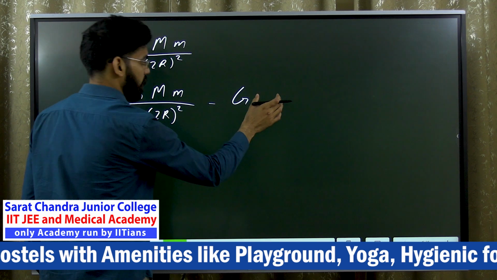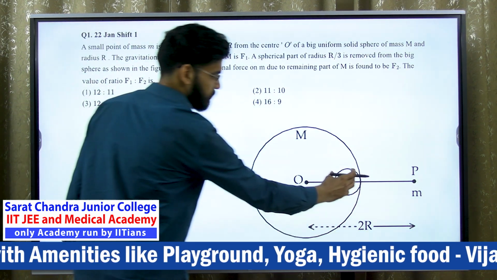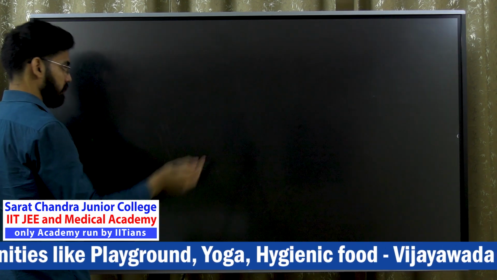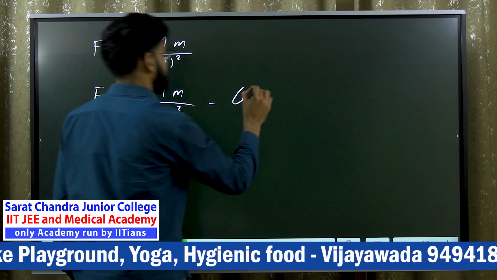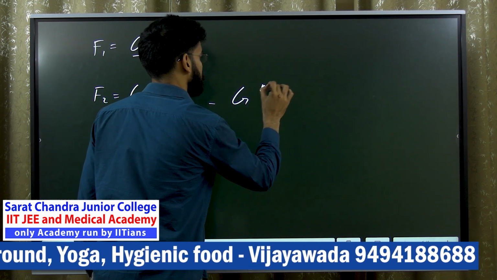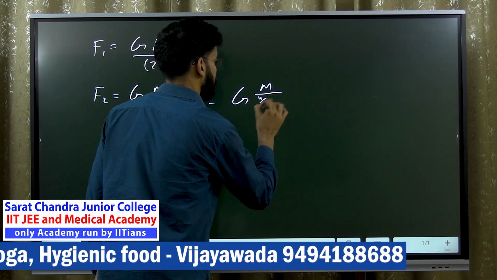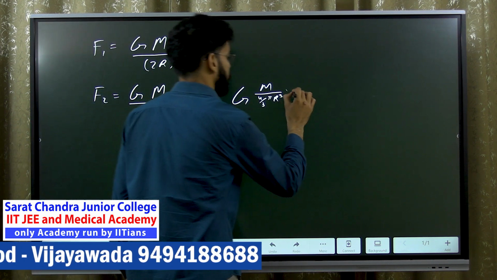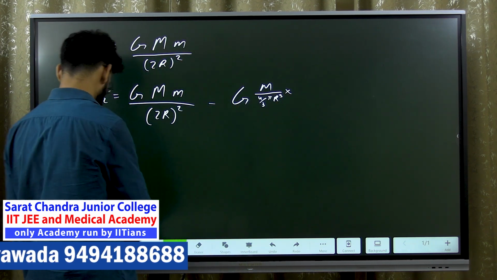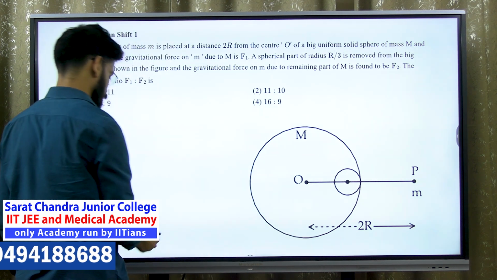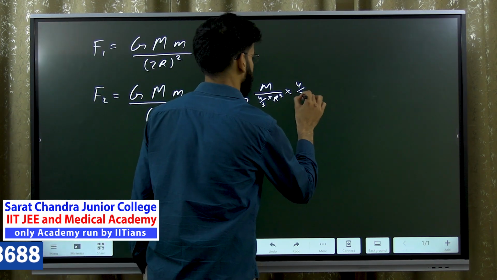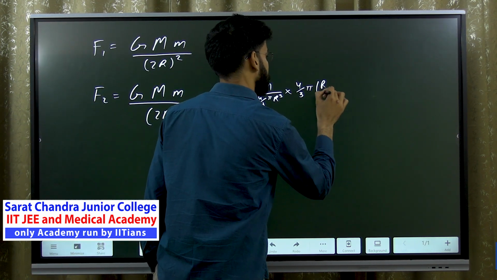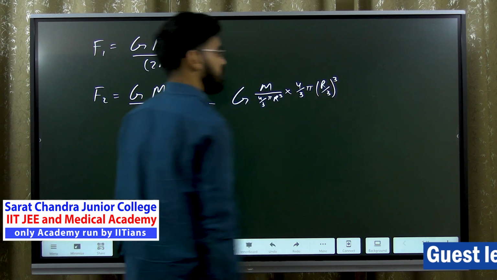G m. Now what is the mass here? This mass of r by 3 radius, right? So uniform density, if we consider, then we can say density will be how much? M upon 4 by 3 pi r cube, right? Multiply by the volume of that particular cavity. What is the volume? 4 by 3 pi, r by 3 cube, right?